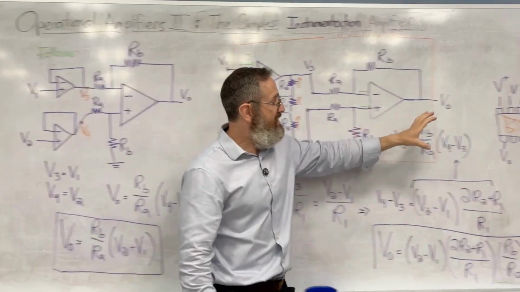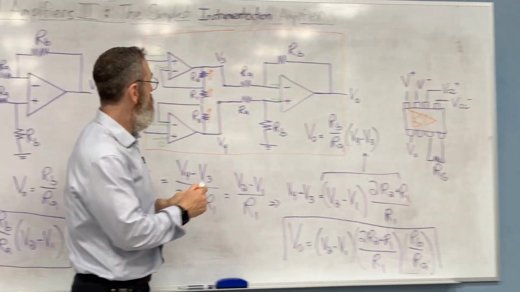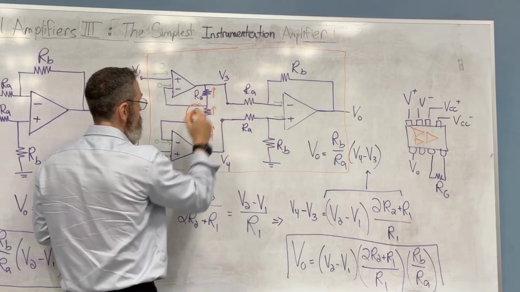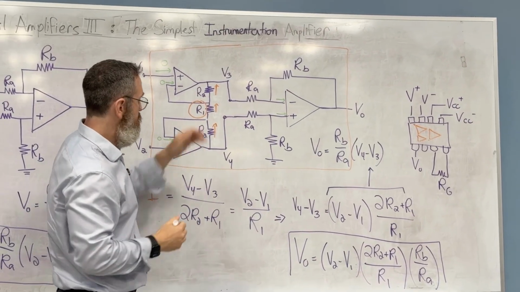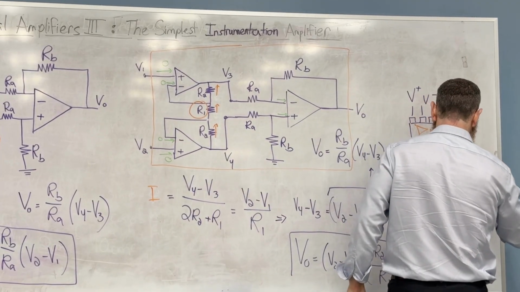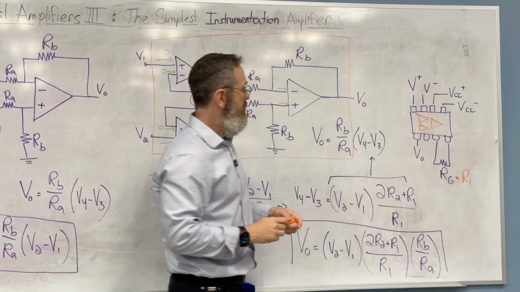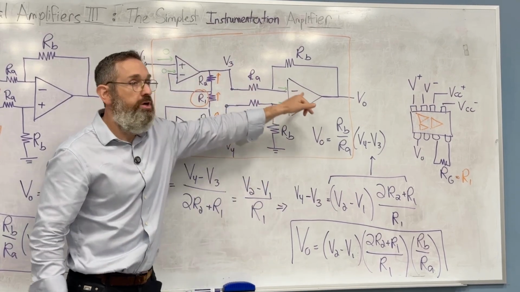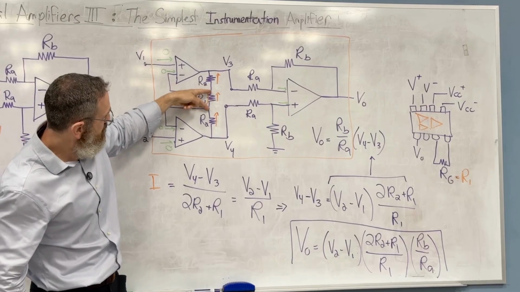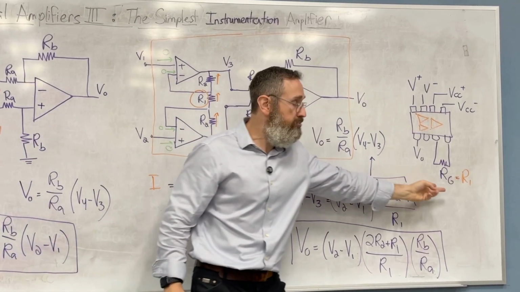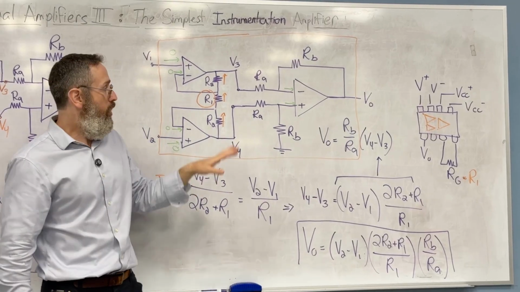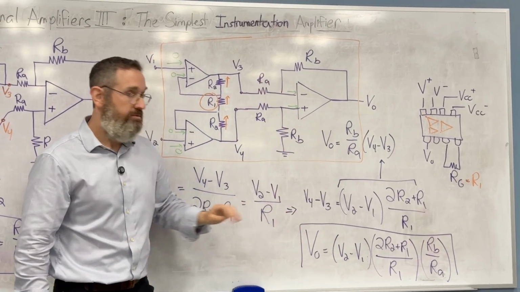So this circuit here, the only thing on the outside of the circuit is R1. RG, I can call this RG is equal to, could use the same thing, is R1. So not only did they build the 3 op amps for you, these terminals here are available to you to insert a single resistor. All the other resistors are fixed.